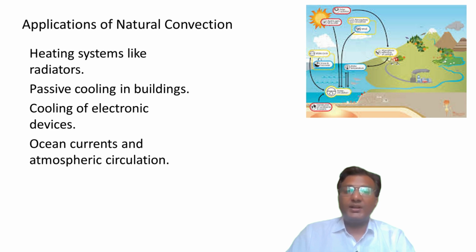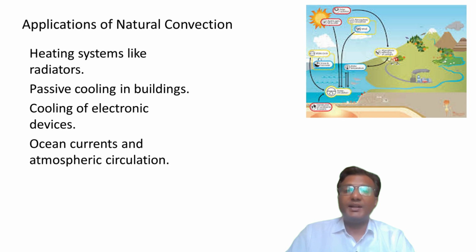In nature, natural convection drives ocean currents and atmospheric circulation, influencing the climate and weather patterns. For example, warm ocean water rises, creating currents that distribute the heat globally. These applications highlight the simplicity and effectiveness of natural convection in managing thermal energy.